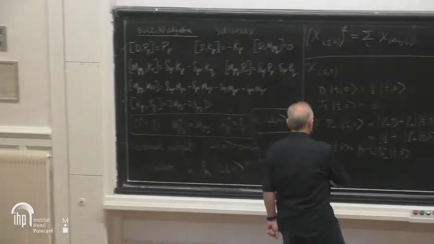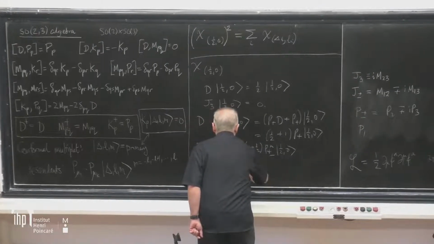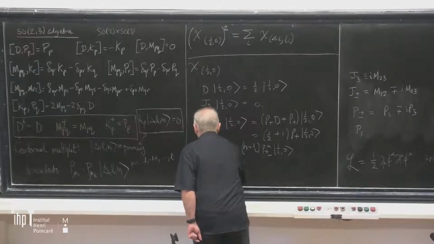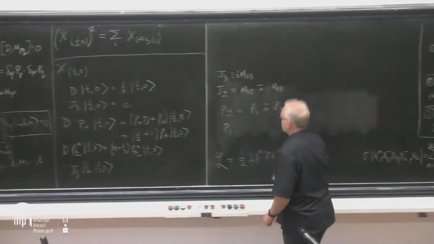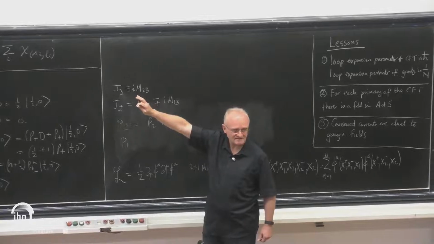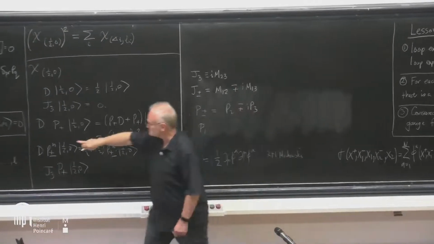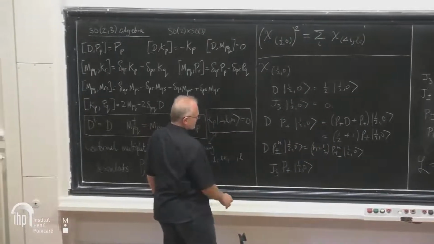If you take P plus on 1/2 comma naught and you act with J3, P plus raises the angular momentum by 1. And again, you get it just by applying the commutators, just like I did here. You know the commutator between D and P. That allows you to calculate this relation.